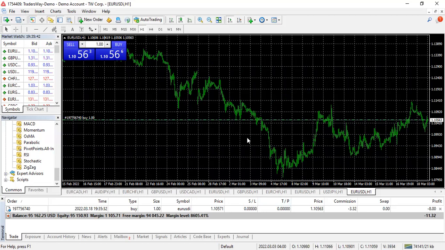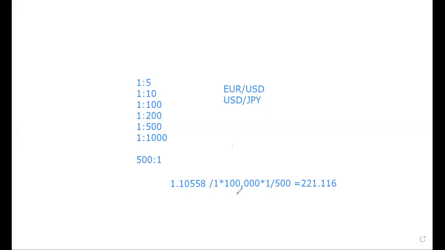We made a mistake in our calculation. So the base currency divided by the account currency times 100,000 units times lot size. You are using one lot size.